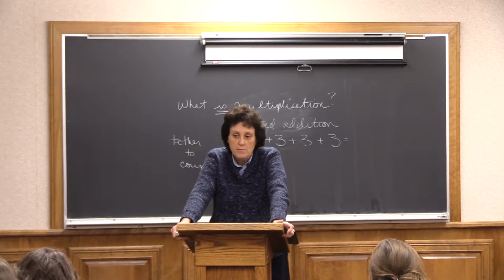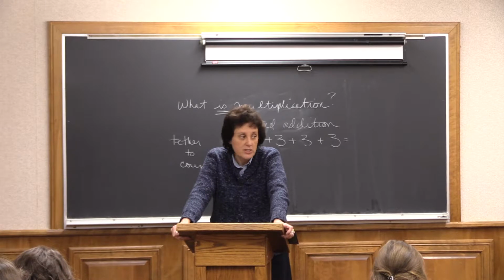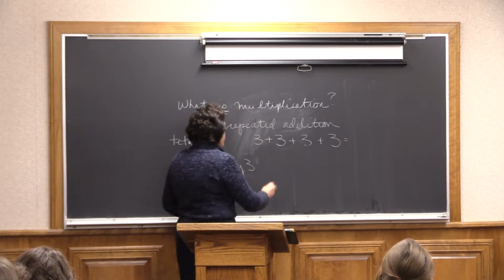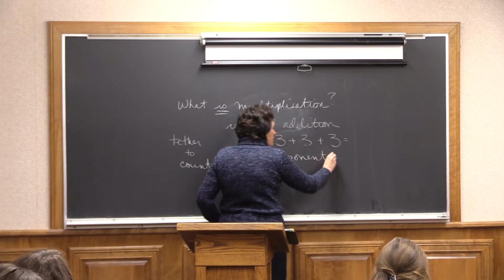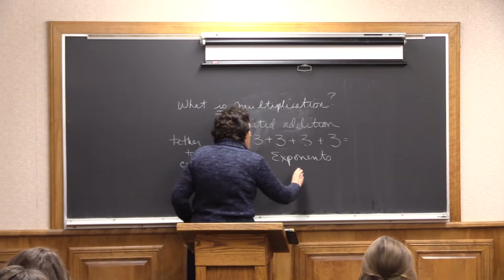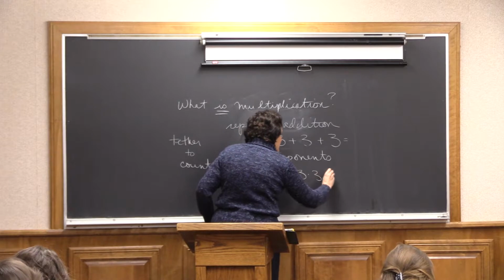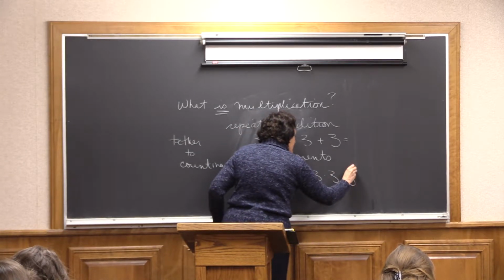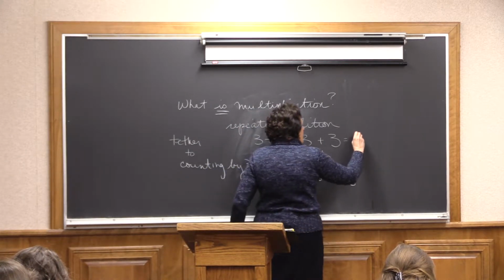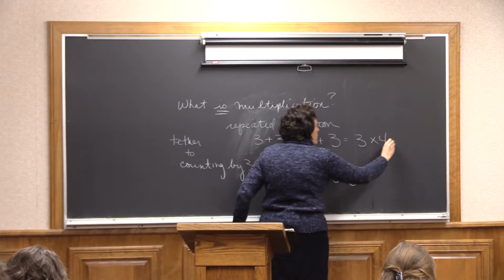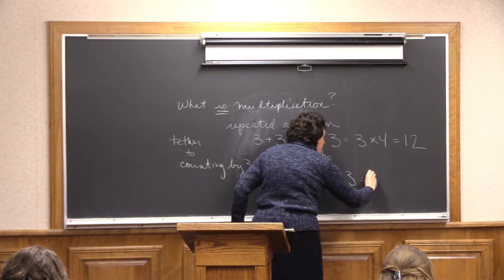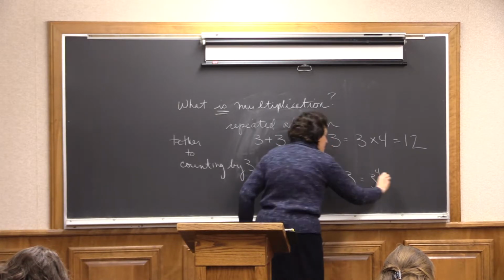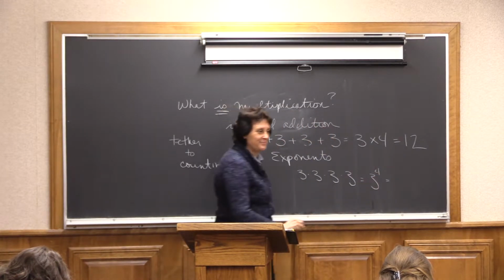So what is multiplication? It's repeated addition just as much as exponents. What are exponents? They are repeated multiplication. So this is 3 times 4, which equals 12, and this is 3 to the 4th power, which is 81.